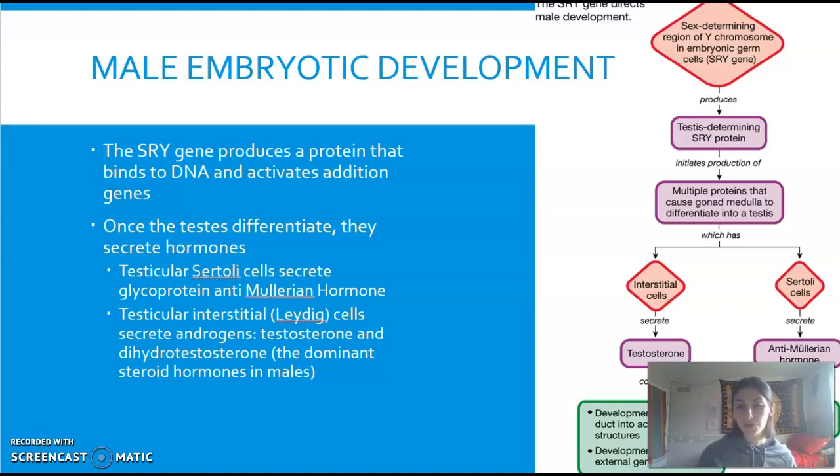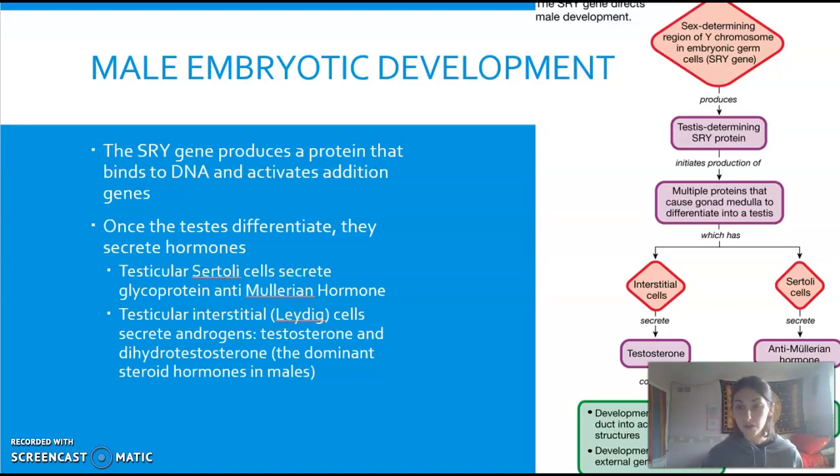If you look to the right over here, you can see how it splits off in the male development. The sex-determining region of the Y chromosome is the SRY gene. It produces testes-determining SRY protein, which initiates production of multiple proteins that cause the gonad medulla to differentiate into testes, which has interstitial cells and Sertoli cells.